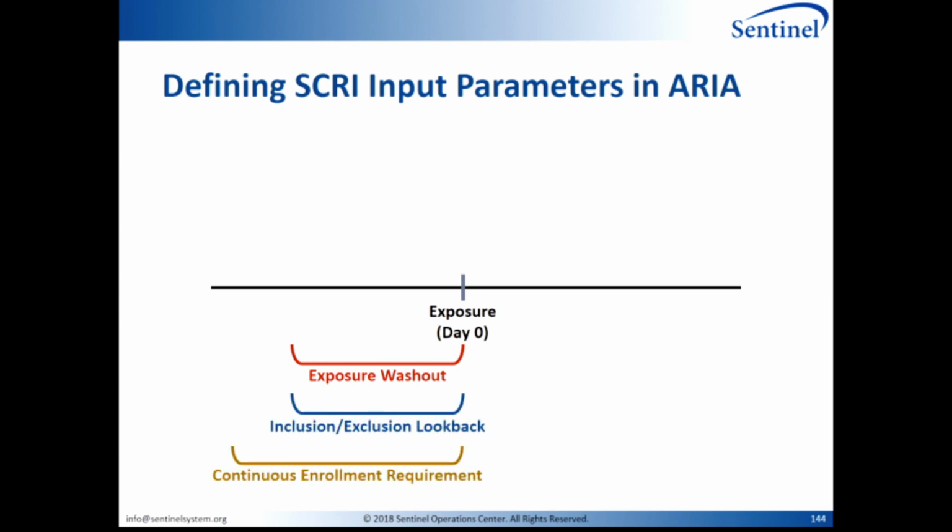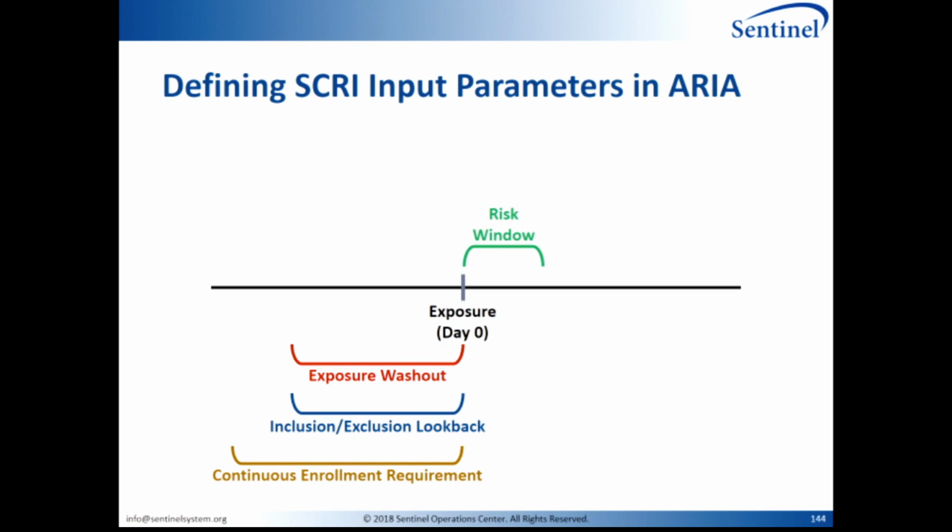Likewise, for any inclusion or exclusion criteria, you need to specify a look-back period during which you'll assess those. And you need a continuous enrollment requirement that should be larger than or the same as the look-back periods for the exposure and the inclusion-exclusion. So we need to have the data on individuals so that we can be assured we can assess their variables in the claims.